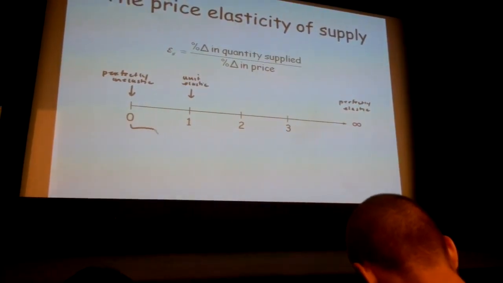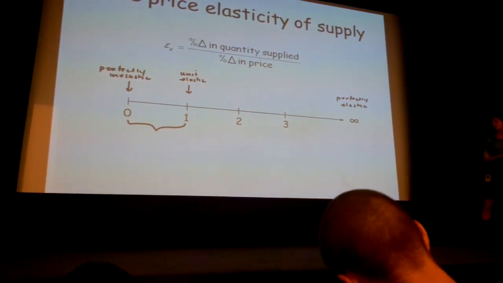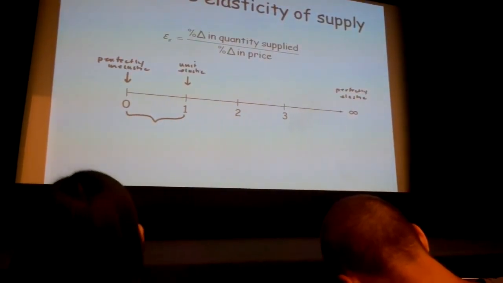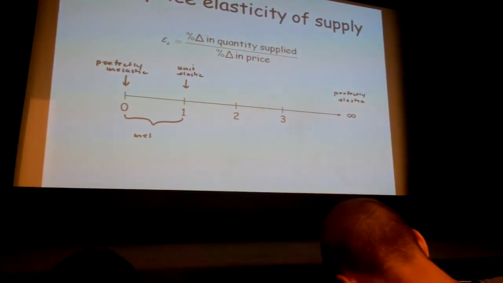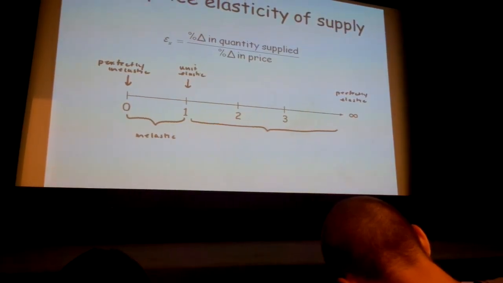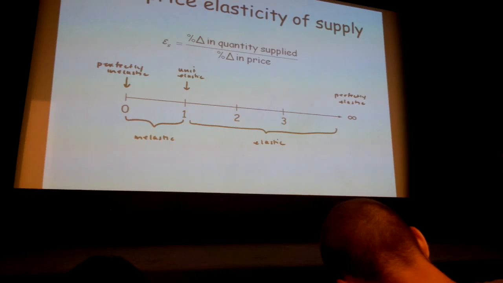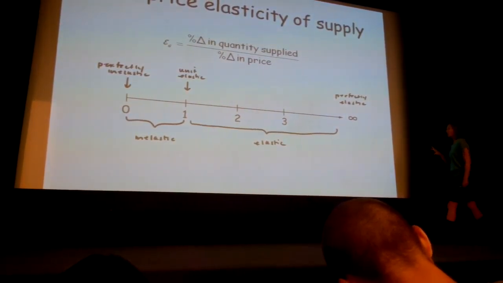When the elasticity of supply is between 0 and 1, we call it inelastic. And when it's greater than 1, we say that supply is elastic. So these are the exact same classifications that you saw for demand.